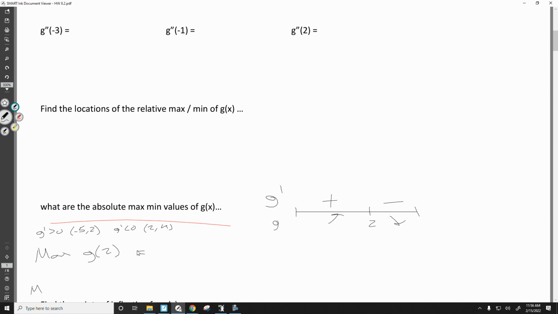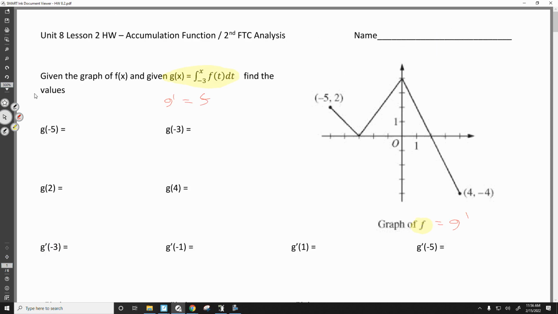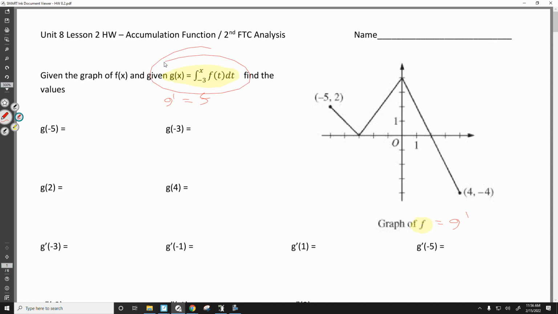Come on, find it. Here, guys, heads up. Here it is. Here's G. What's G of 2? Accumulate F from -3 to 2. Right? Got it? That's it?